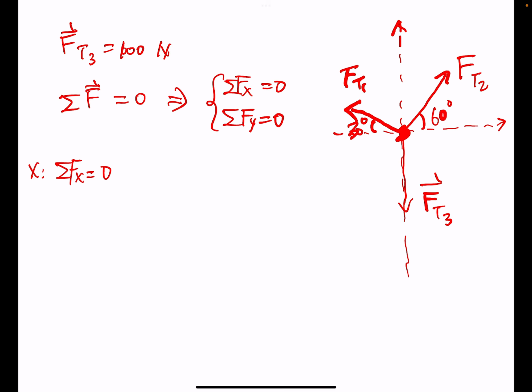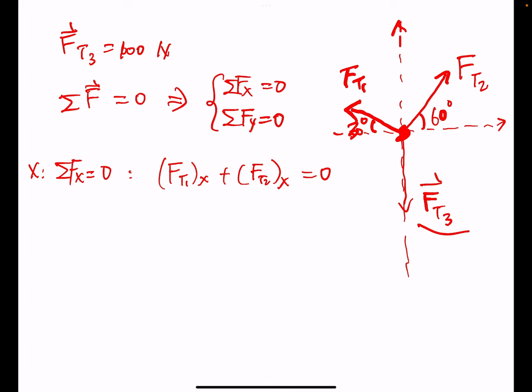In the x direction, we have Ft1 x plus Ft2 x adding up to 0, because the force Ft3 doesn't have an x component.